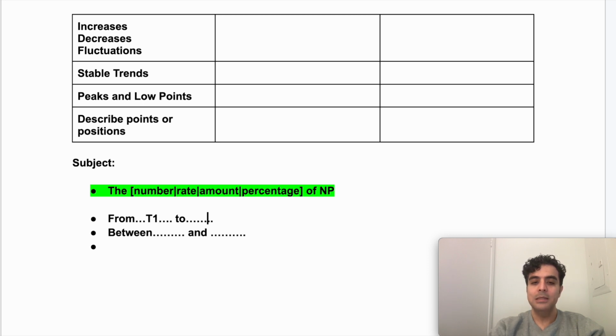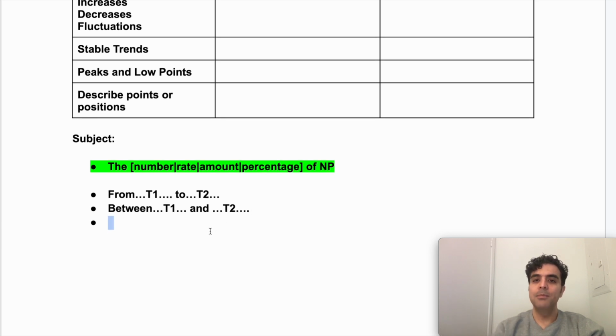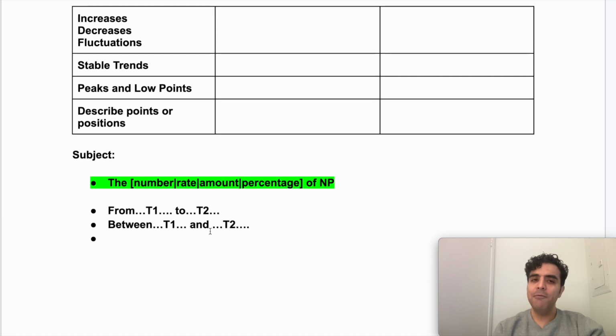I'll add T1 and T2 to show you that we're basically looking at a time period. Same goes with between. So for example, you have between T1 and T2. Same for time period.